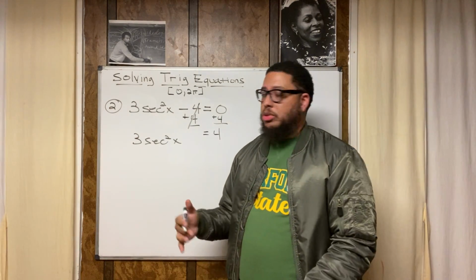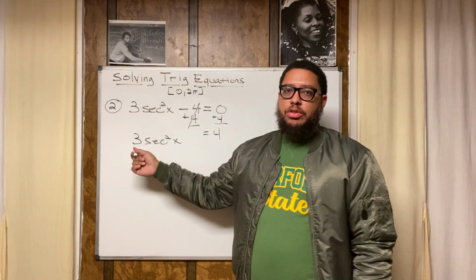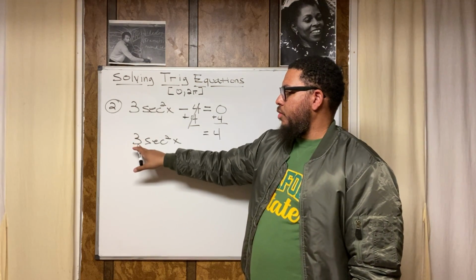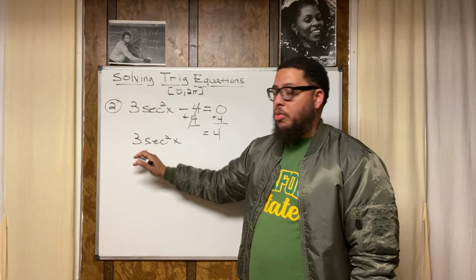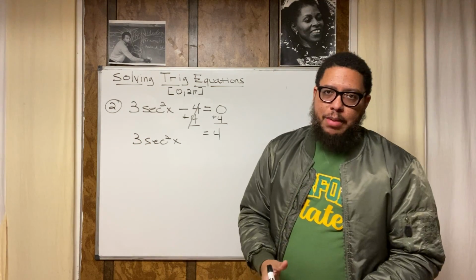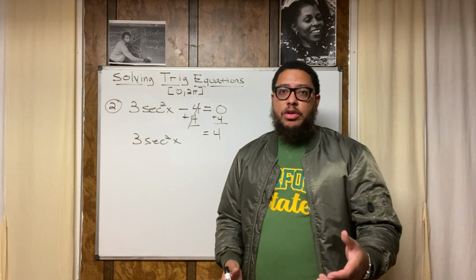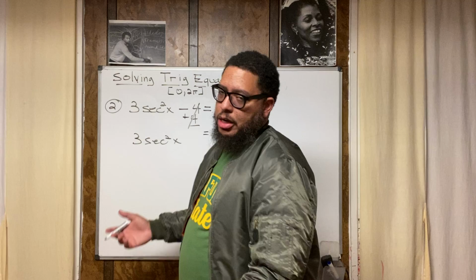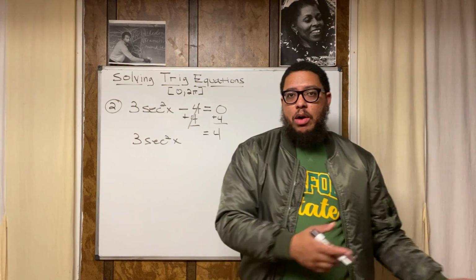So I got 3 times secant squared of x is equal to 4. All right, now I'm getting closer to x. I'm going to get rid of the 3 next. The way I get rid of this 3 is because this 3 is involved in multiplication. It's part of a product: 3 times secant squared of x. I do the inverse operation. The inverse of multiplying by 3 is dividing by 3, or you could think of it as multiplying by 1/3.